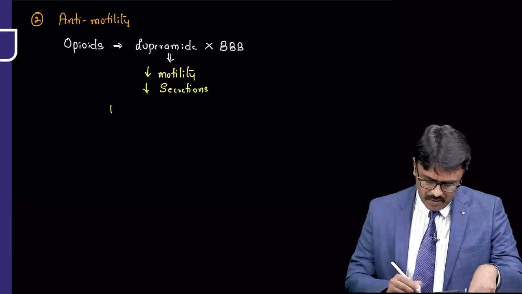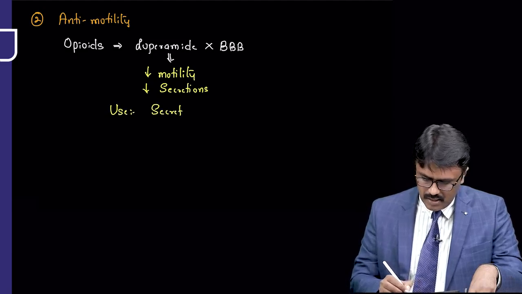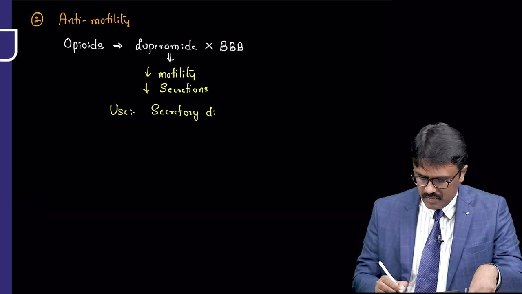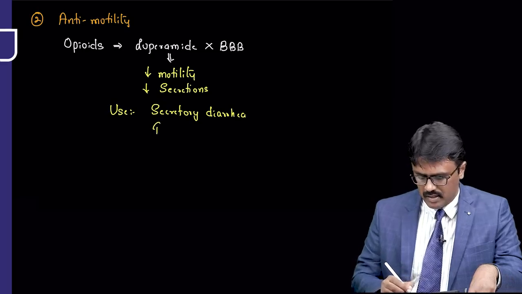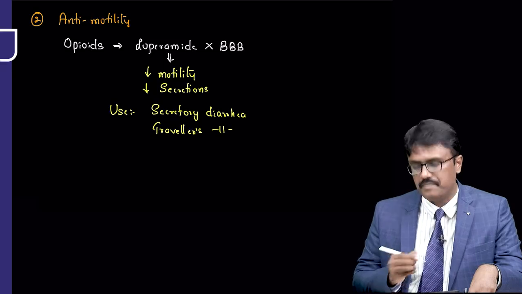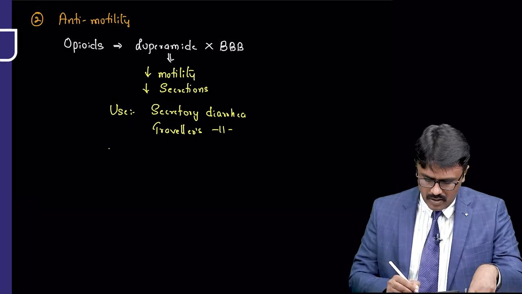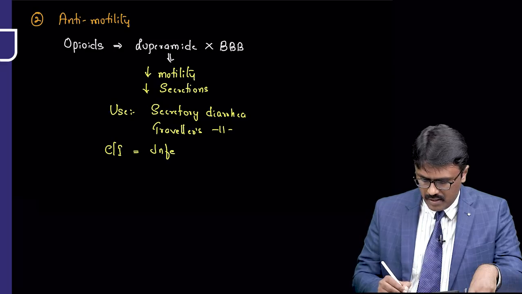Now, where to use it? It is used in secretory diarrheas. So it is used in secretory diarrhea as well as in case of traveler's diarrhea. But it is contraindicated in case of infective diarrhea.